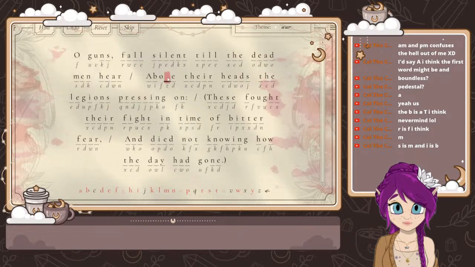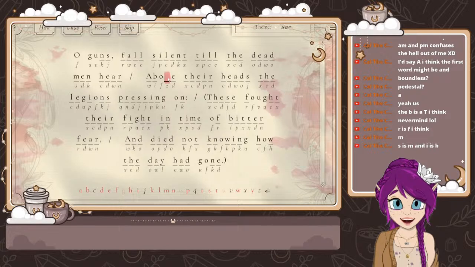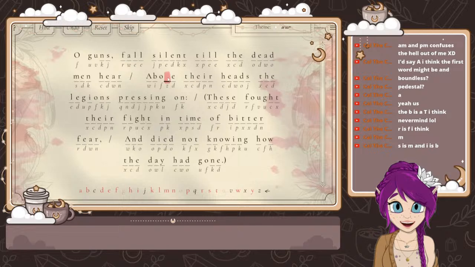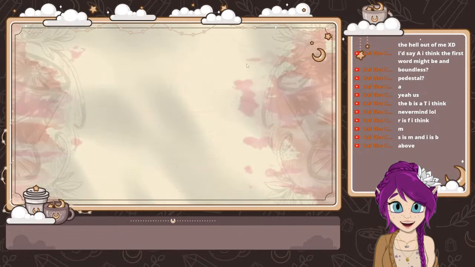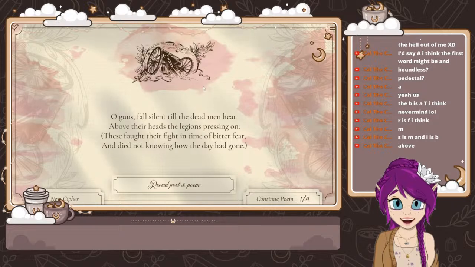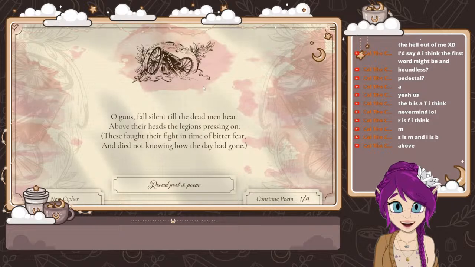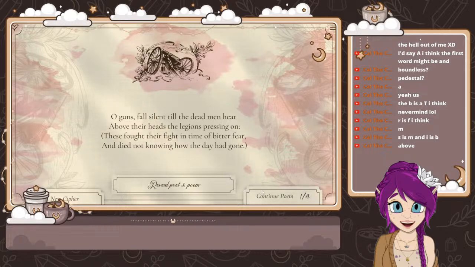About. I can't use E. Yeah, U. I can't use U. S is M. Of guns fall silence. Above their heads. Jeez. Oh, guns fall silent till the dead men hear. Above their heads, the legions pressing on. These fought their fight in time of bitter fear and died not knowing how the day had gone.